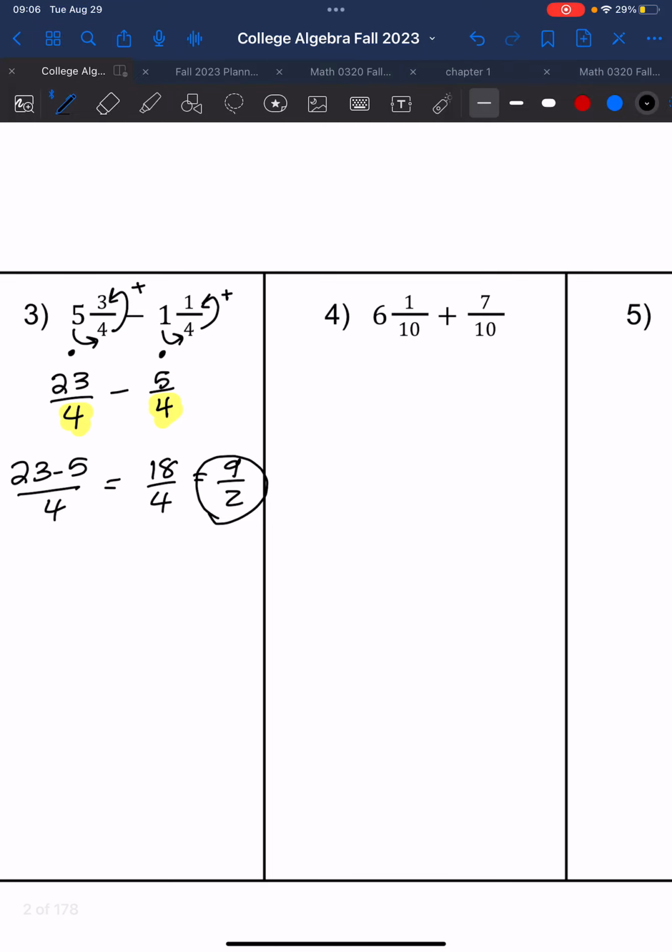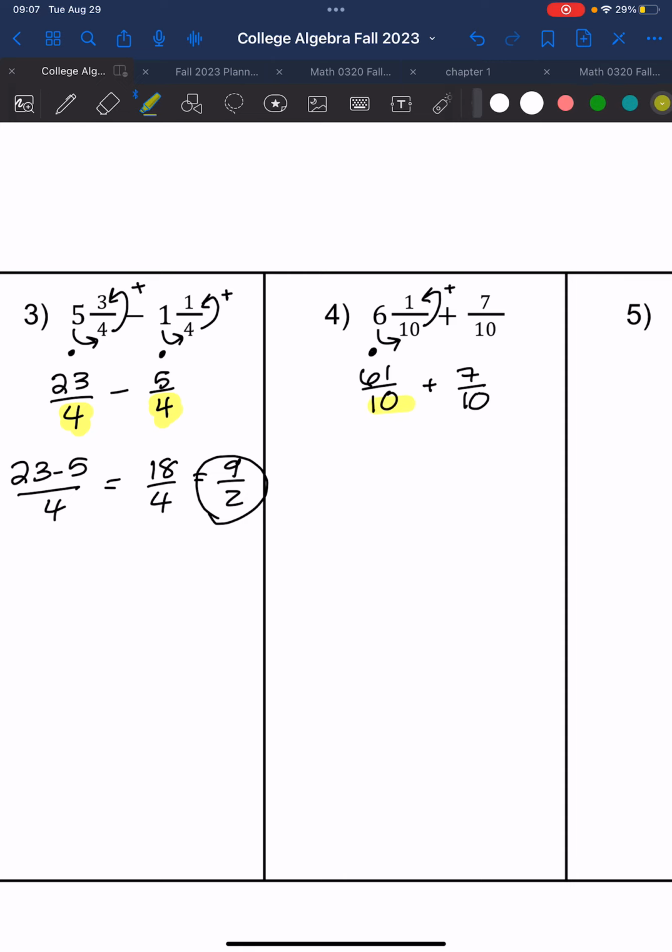Now looking at example 4, we're going to do the same thing. We see that that first fraction has a whole number on the outside. So we are going to turn this into an improper fraction before adding it to the 7/10. So 6 times 10 plus 1. That gives us 61 over 10 plus 7 over 10.